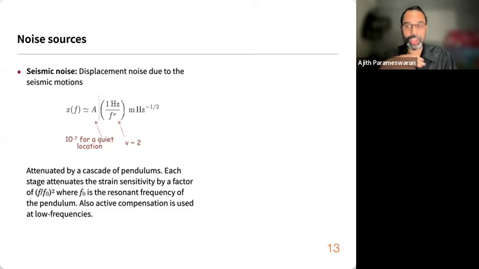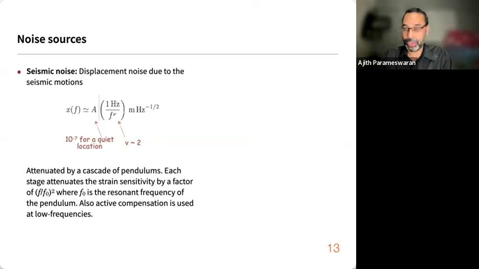One is that the seismic noise of the Earth creates mechanical vibrations on the mirrors, and this typically has an inverse power law. It dampens at higher frequencies with some index which is of order 2.